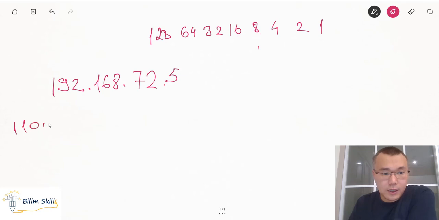And all the others are 0. This is how this octet looks. Let's write the second one, 168.